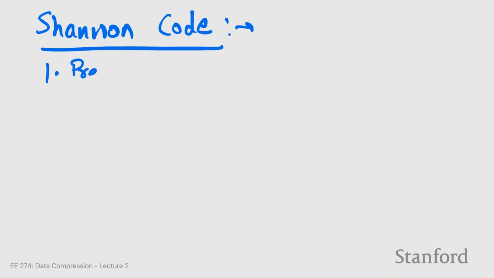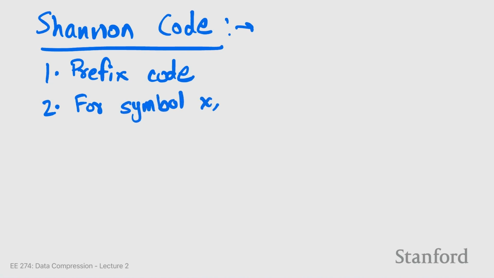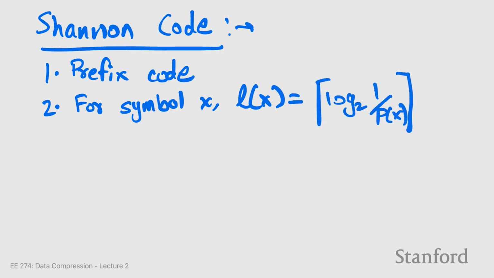This will be a prefix code, and for symbol x, the length of the code word will be log base 2 of 1 over probability of x. Does anybody know why we see this base 2, and why not log base 3 or natural log or log base 10?